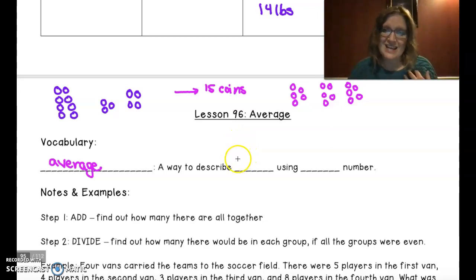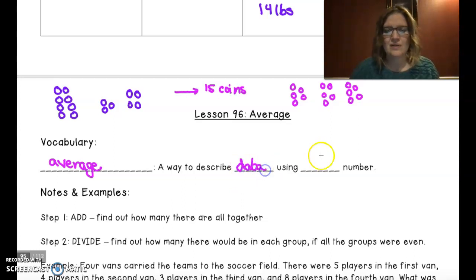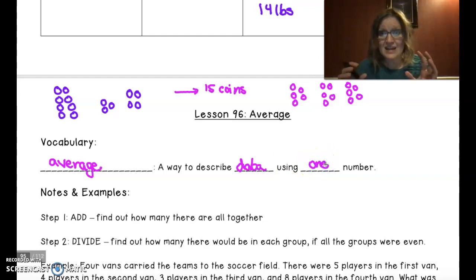When we say average, this is a way to describe data using one number. To put all this data into one number takes a little bit of thought and practice. So let me show you an example of finding an average.